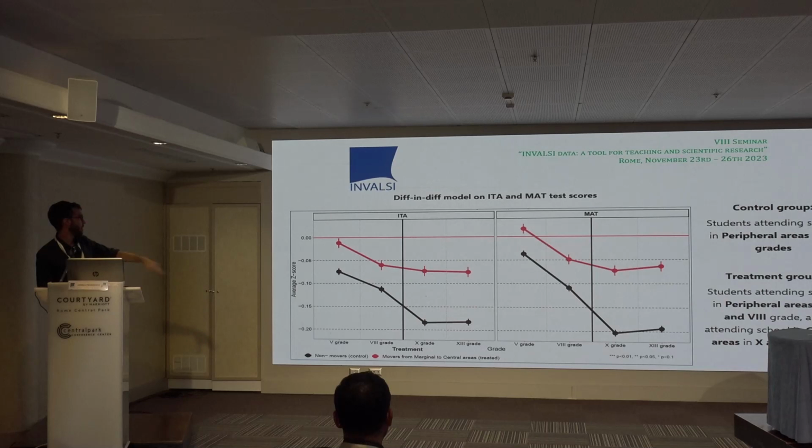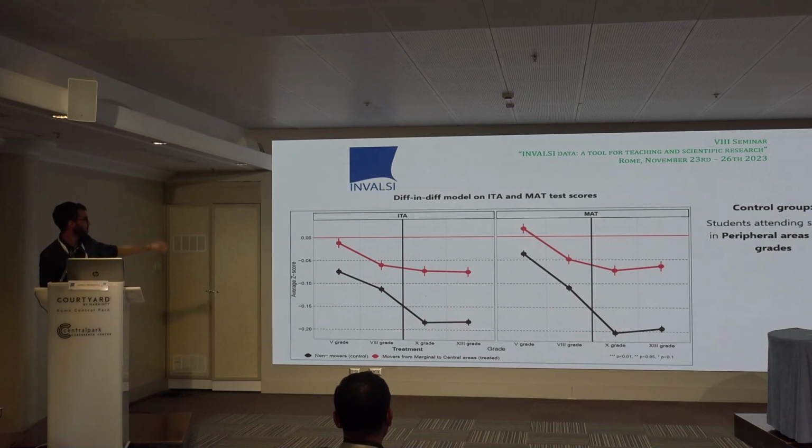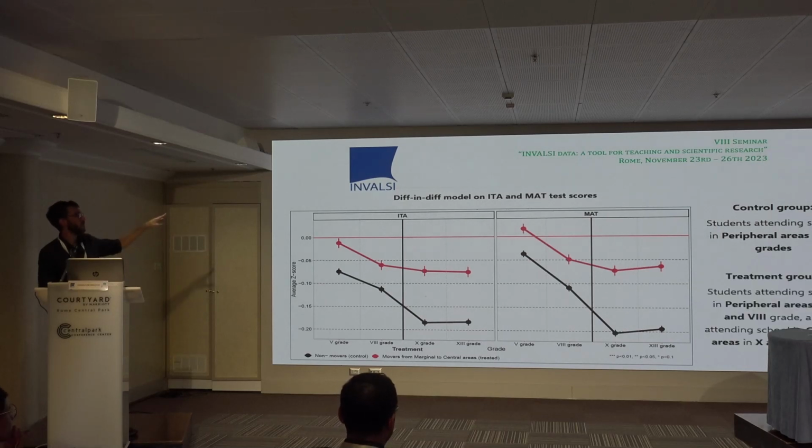The control group, the black line, are students who attend school in peripheral areas in both grades, so they have not moved. The treatment group, the red lines, are those students who attend school in peripheral areas in 5th and 8th grade, and then move to central areas in 10th and 13th grade.